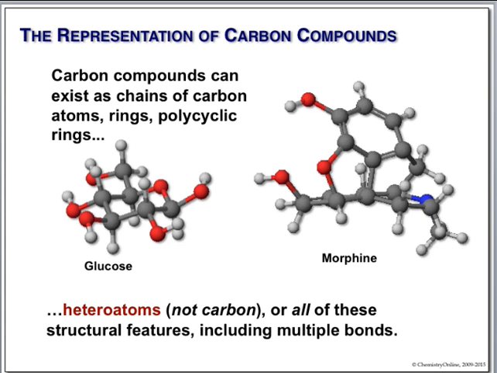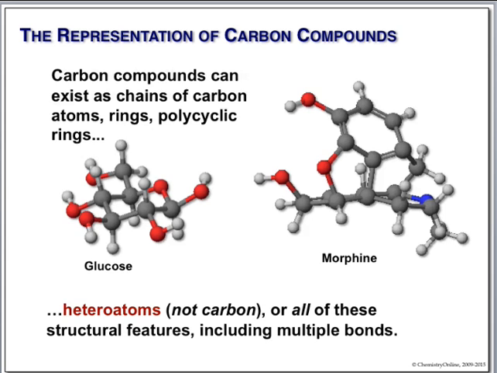Glucose has 5 carbons in a ring, an oxygen bridging, a lot of OH groups, that's the alcohol functional group. This is morphine, a polycyclic compound, nitrogen in there, oxygen bridge, a couple OH groups, etc. So you can put these things together in remarkable ways.